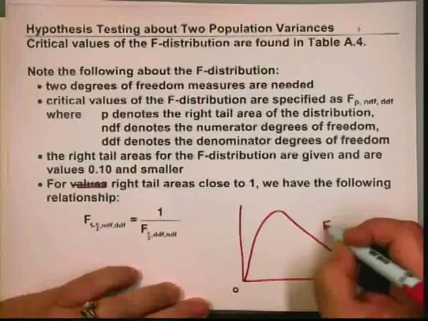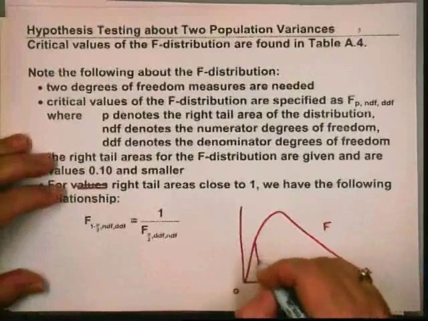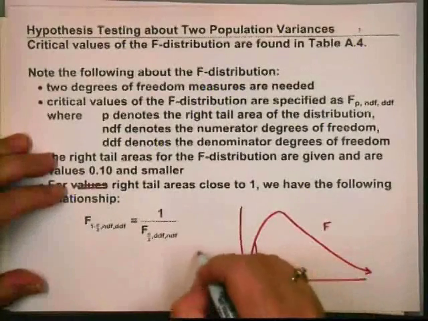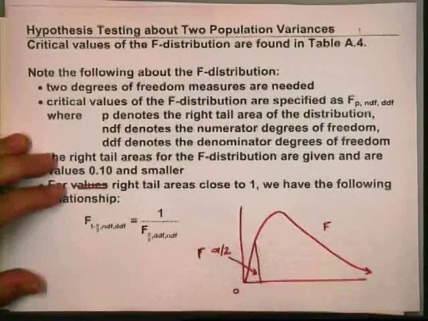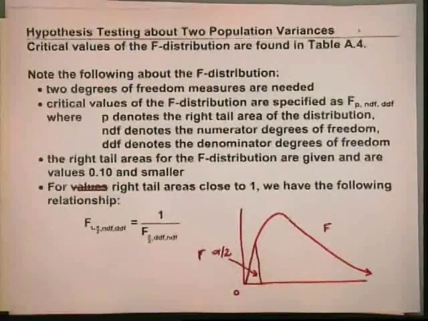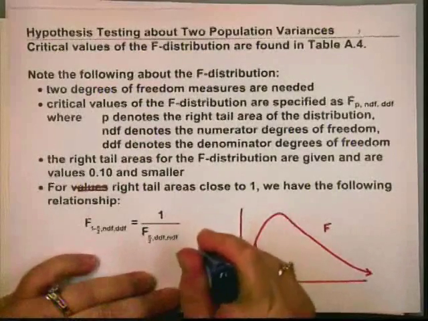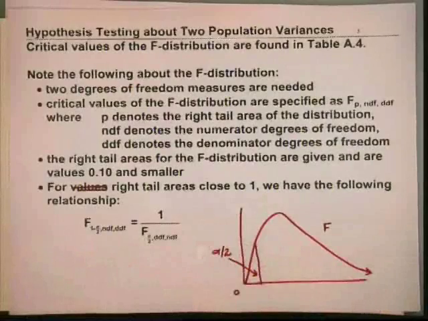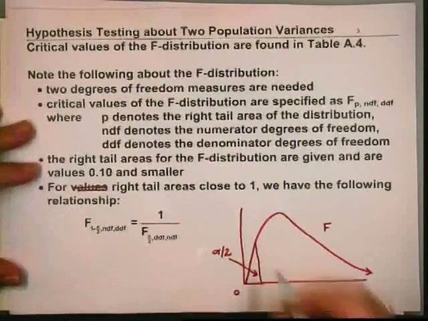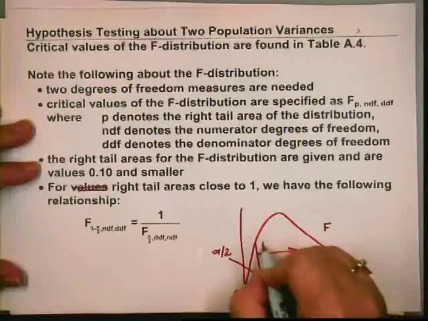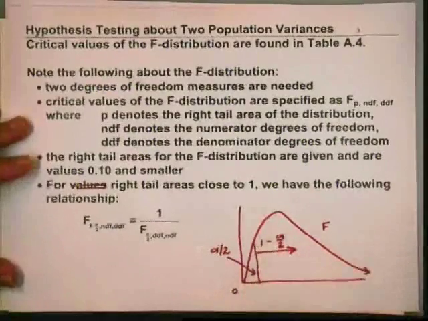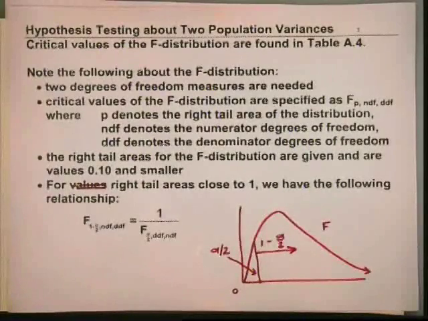So if we have an F distribution, and we wanted this left-hand area here to be alpha over 2, then the right-hand area from this point on towards infinity is 1 minus alpha over 2. We would again need those values like 0.95, 0.99, etc. Okay, but this table clearly didn't have those, did it?